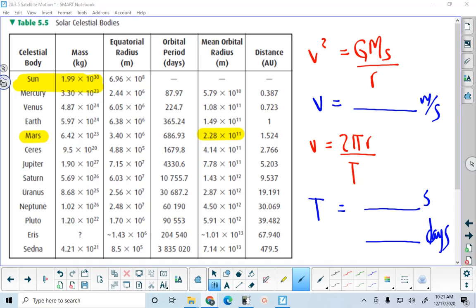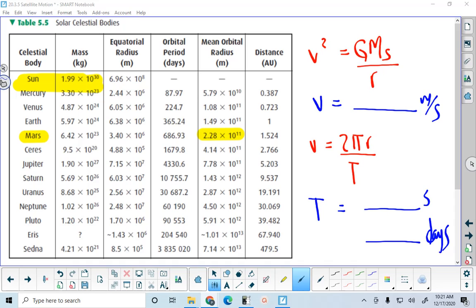To find the speed, you're going to take capital G, which is on your formula sheet, times the mass of the sun, divided by Mars' orbital radius. So Mars is a satellite of the sun. And then you're going to take the square root.